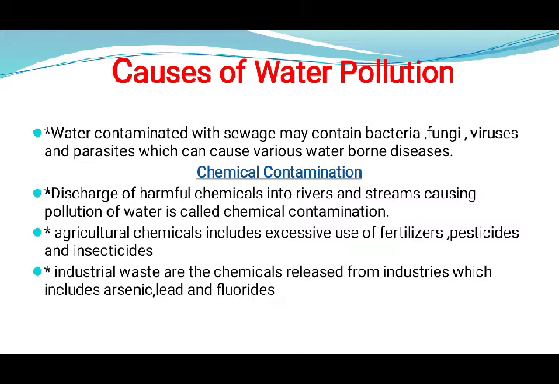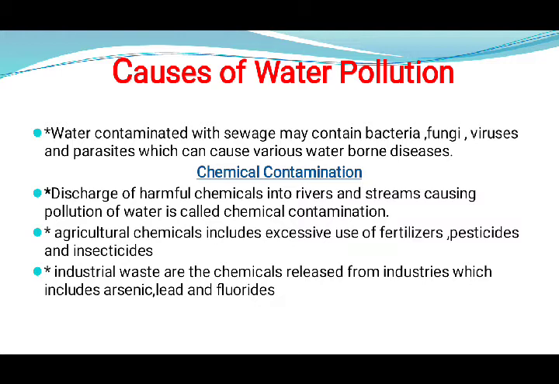These are the chemicals which we use in agriculture, and whenever we use these substances in excess, they get washed away into the water, causing the chemical contamination of water.